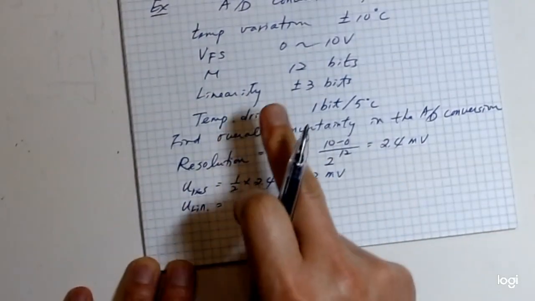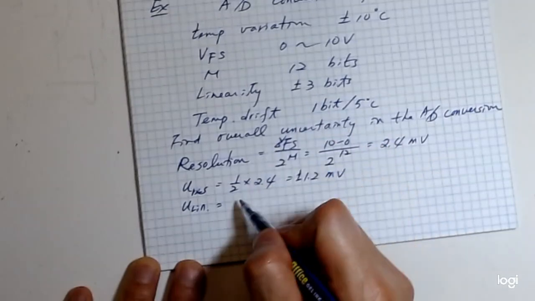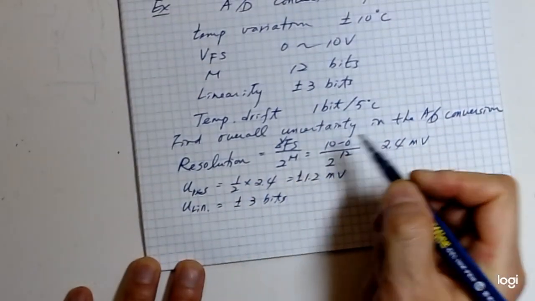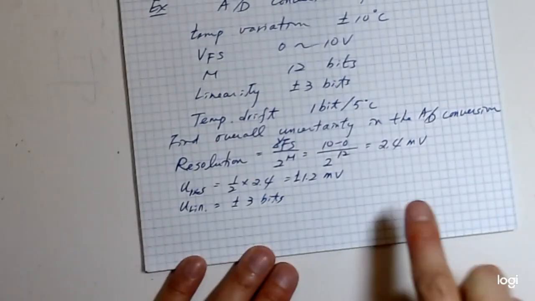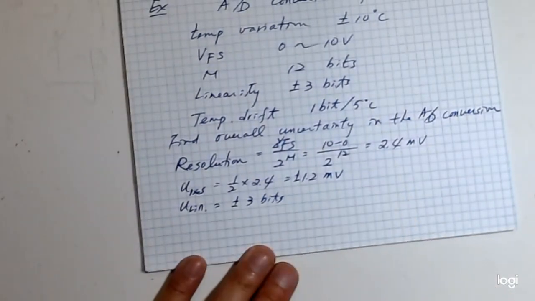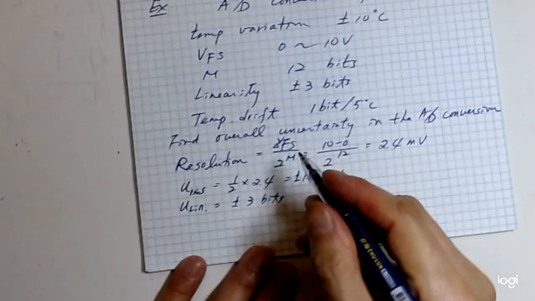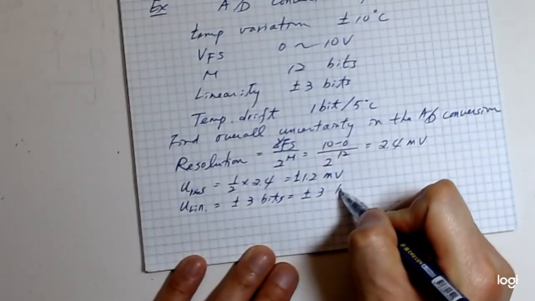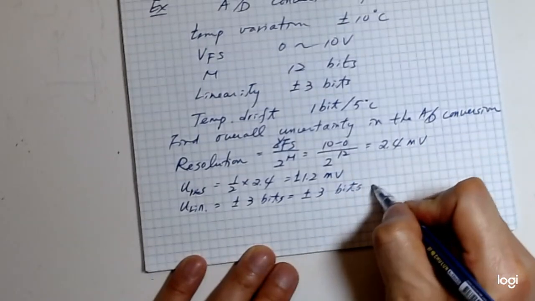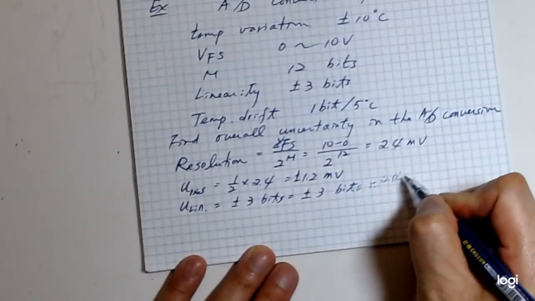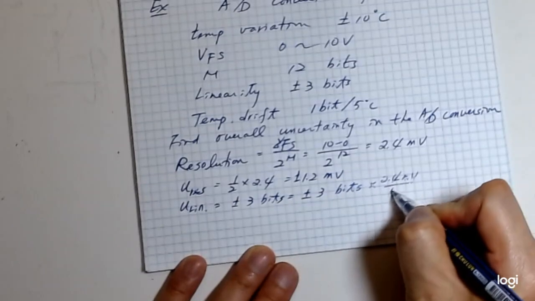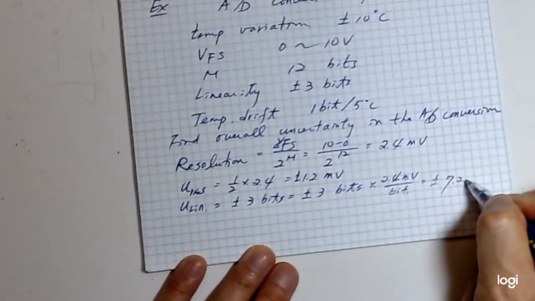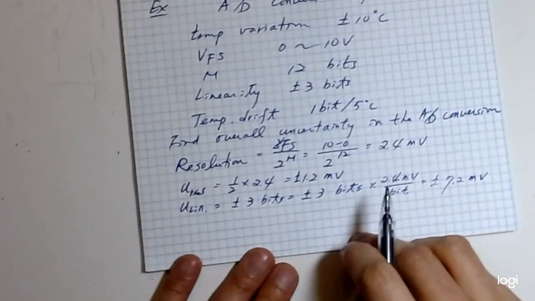Linearity should be plus minus 3 bit. We have 2.4 resolution per bit, so plus minus 3 bit times 2.4 gives plus minus 7.2 millivolt.